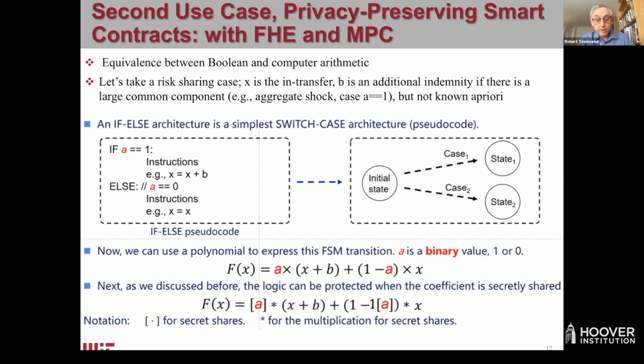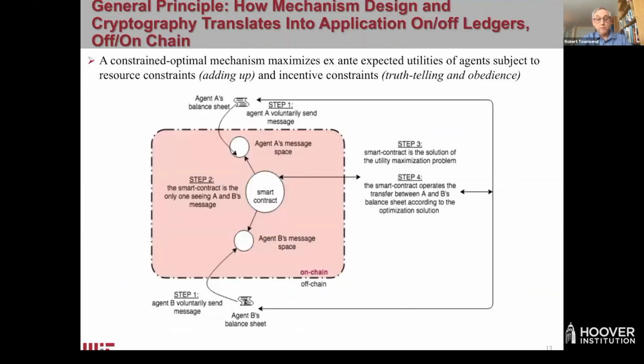So A is something encoded that no one sees, and yet amazingly, the code is able to operate as it should to implement the transfer B in the case that there's an aggregate state. I always think of this as being either very obvious because of properties of homomorphic spaces, or very amazing, as in pulling rabbits out of hats. But this trick, these kinds of tricks are very powerful.